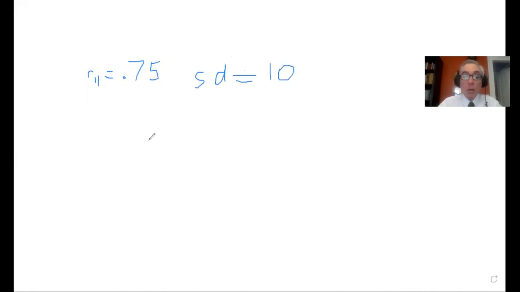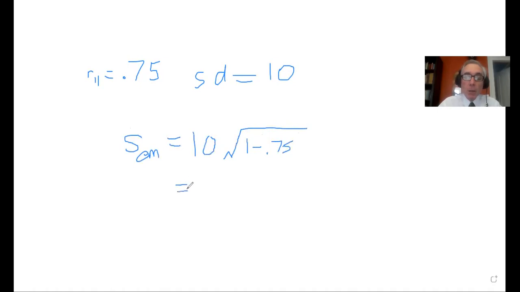So setting the equation up, we could say that the standard error of measurement was equal to 10 times the square root of the quantity 1 minus 0.75.